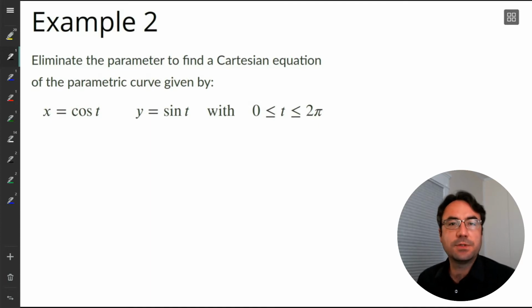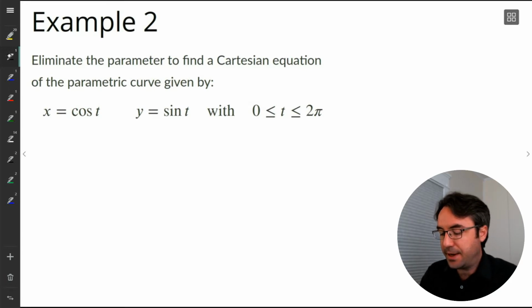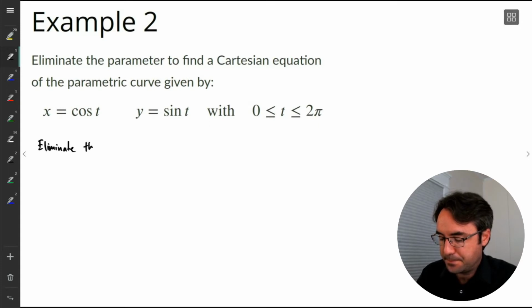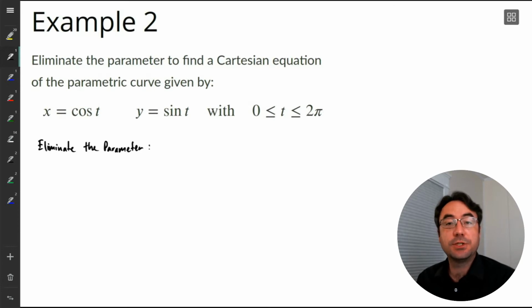That could pose some issues. But taking a step back and thinking about what we're ultimately trying to do, with this technique we're trying to find some direct relationship between x and y.